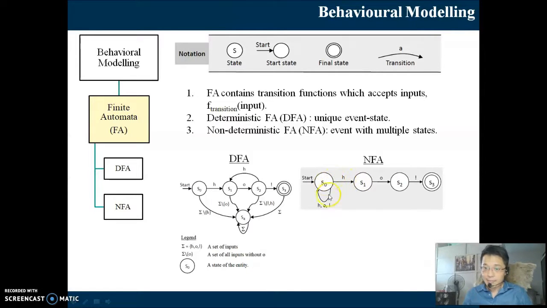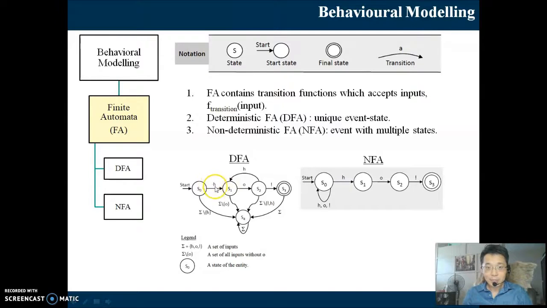But at the same time, the input H is also available here for this transition function. So when there's a presence of hash, S0 can become itself. It can also change to state 1. So there are two different target states here, S0 and S1. Now for DFA, it is not possible for this to happen, because there will be no more than one trigger for different states.